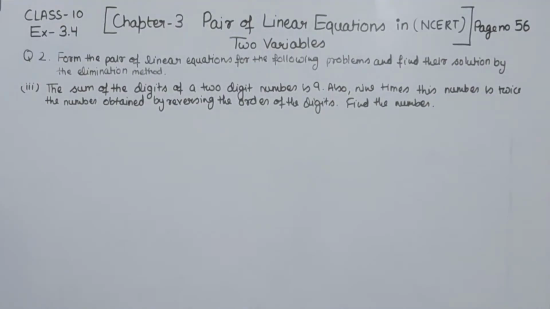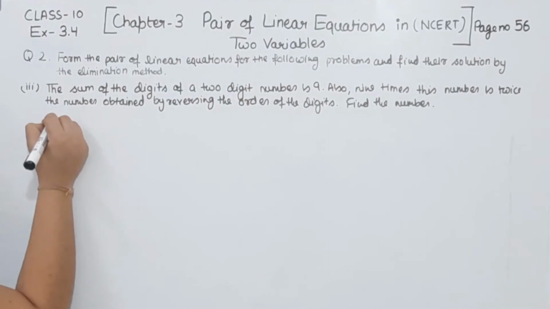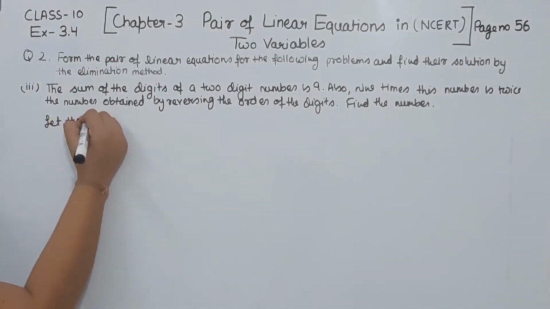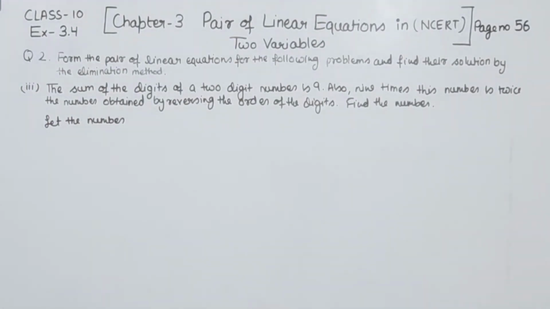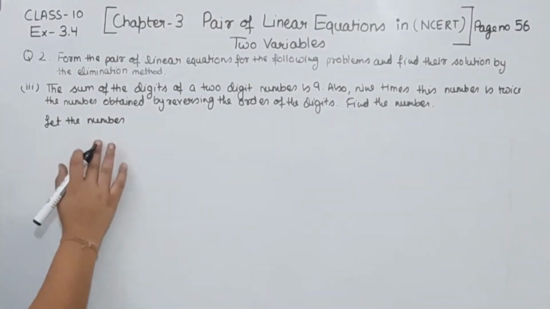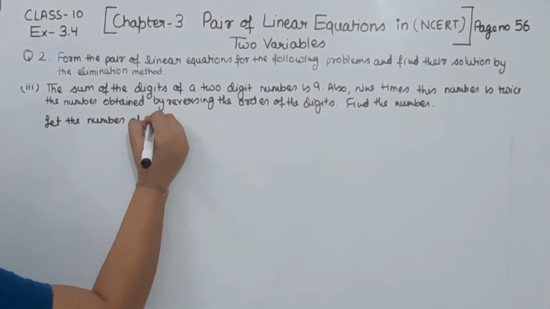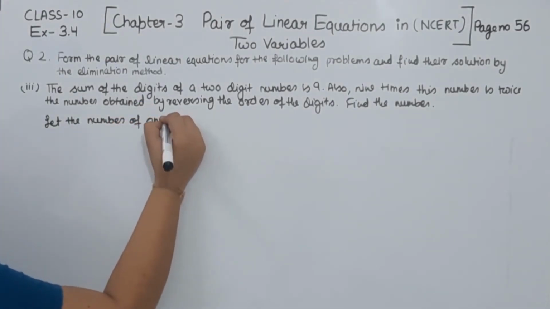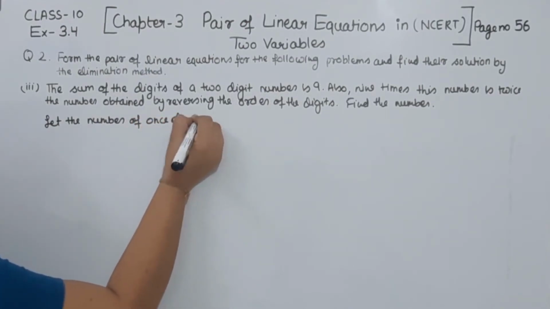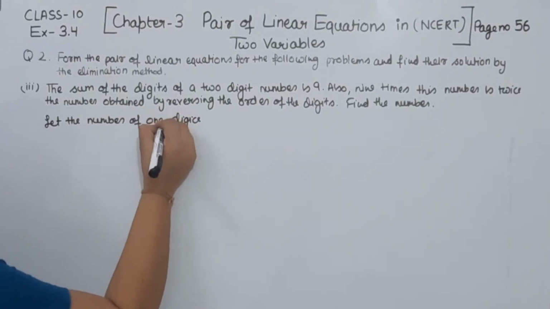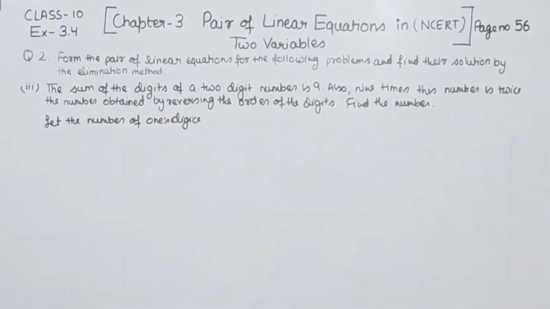First of all, we are going to let the number. We are going to write here: let the number have a ones digit and a tens digit. So we let the ones digit be x.